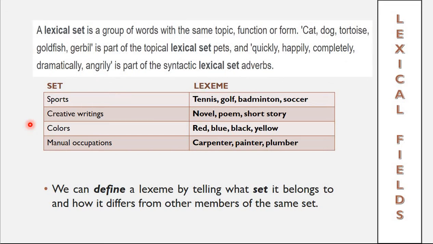A lexical set is a group of words with the same topic, function or form. In Turkish we call them kelime dizini. Like cat, dog, tortoise, goldfish, gerbil is a part of the topical lexical set pets, and quickly, happily, completely, dramatically, angrily is part of a syntactic lexical set adverbs.